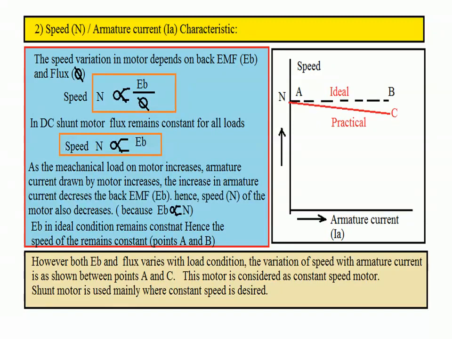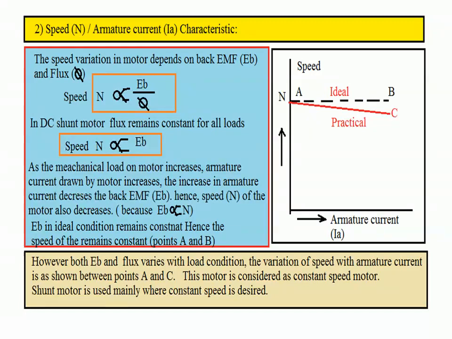Hence, speed is directly proportional to back EMF. In ideal condition, this motor should be treated as a constant speed motor.